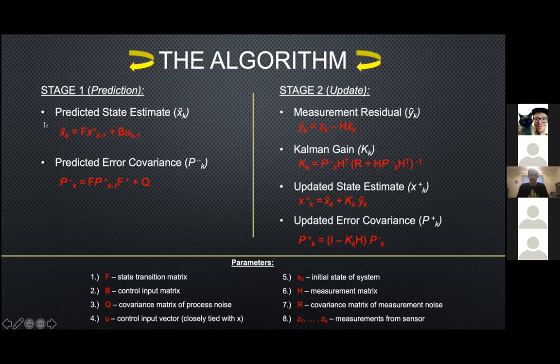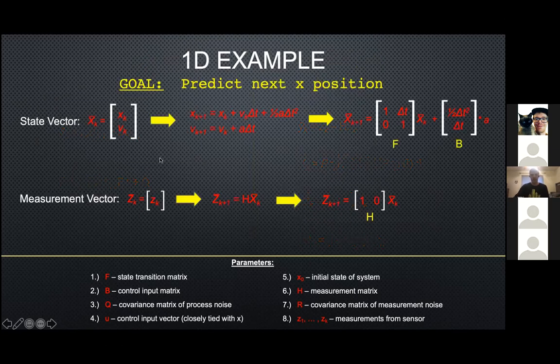You're going to end up just calculating your prediction, then calculating your update, and then these two right here will just feed right back in, because you can see X plus goes right back into here and P plus goes right back into here. So it's just a constant loop, and that's how the whole thing works over and over and over again.